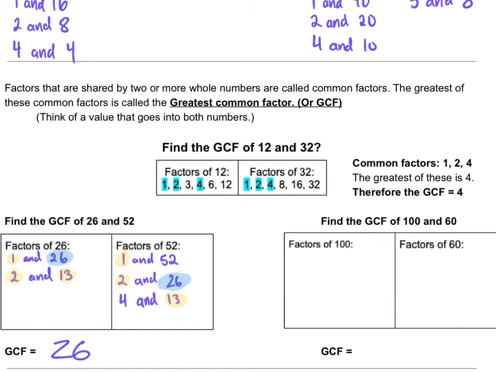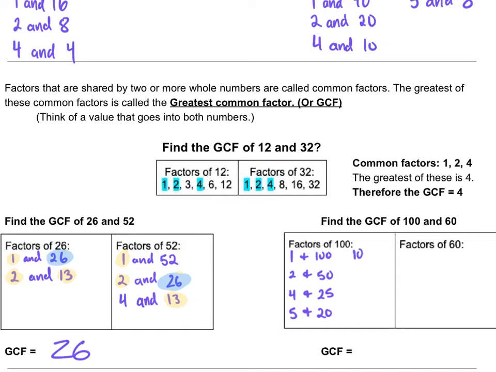All right, factors of 100. 1 and 100. 2 and 50. 3 does not go into 100, but 4 and 25 do. 5 and 20. 6 does not go into 100 evenly. 7 does not go into 100 evenly. 8 does not go into 100 evenly, and neither does 9.